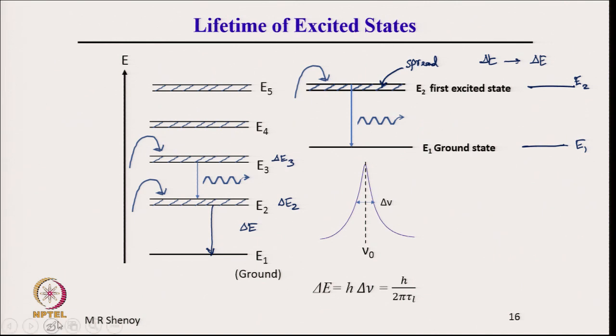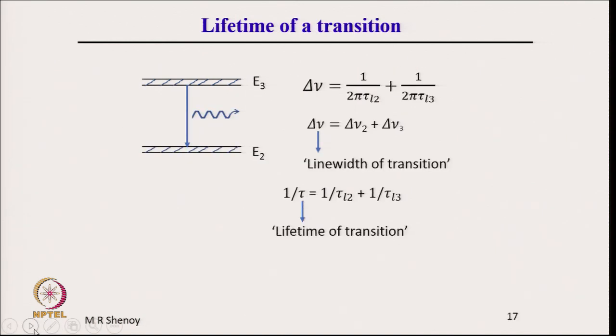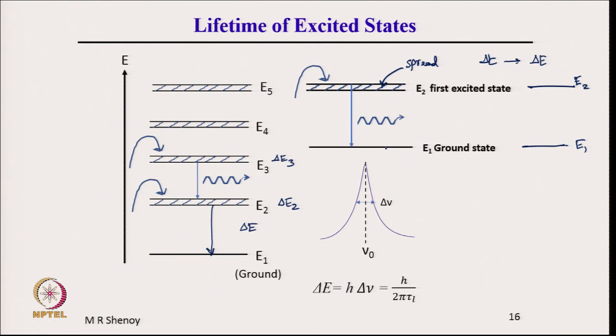And therefore, I come to the last slide, that is lifetime of a transition. We discussed the lifetime of a level, which is tau L. So, we had delta E is equal to h into delta nu, which is 1 by 2 pi into tau L. This is delta E, where tau L is the lifetime when you are making a transition from an excited state to the ground state.